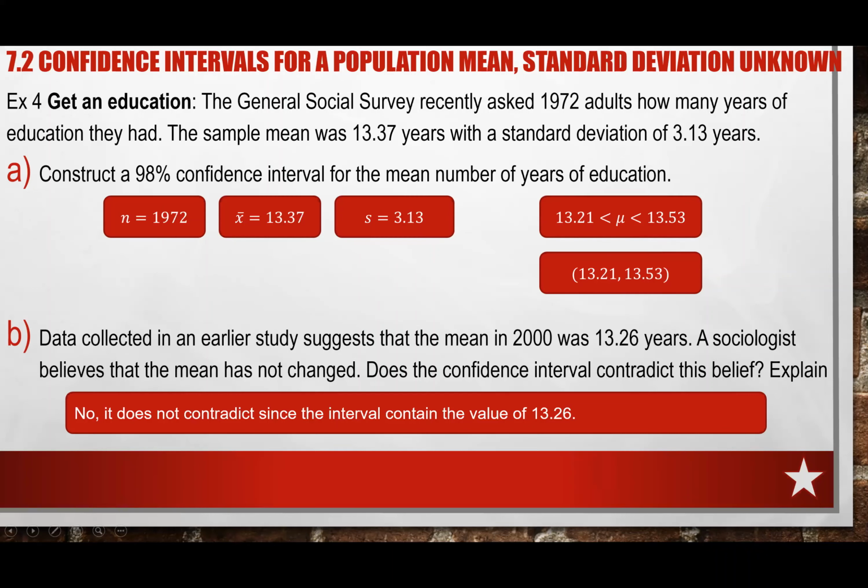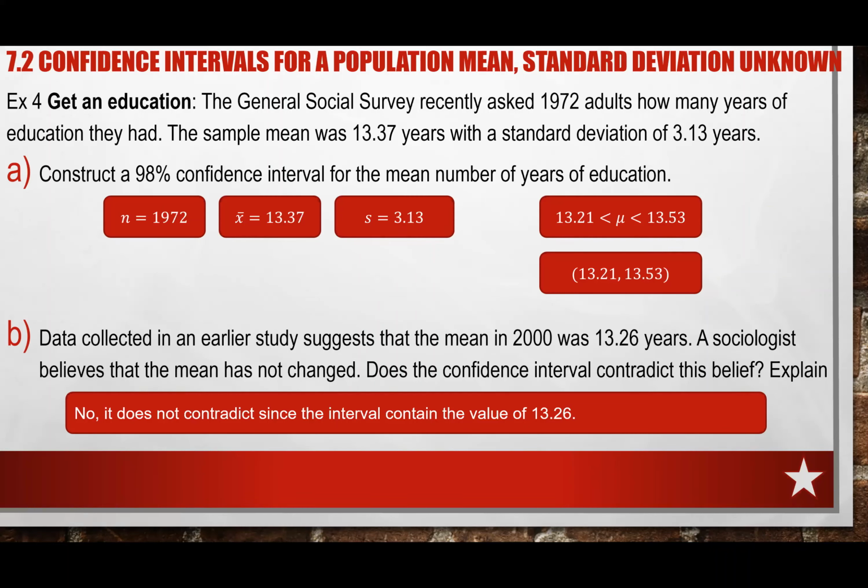But most of the problems where they want you to use the t, the n will be smaller than 200, like 20, and if you use the z, the answer will be tremendously different from the t.